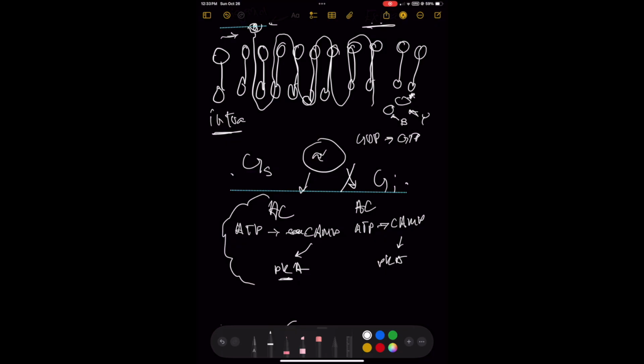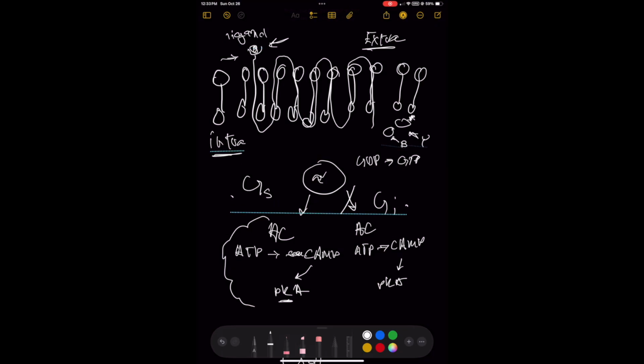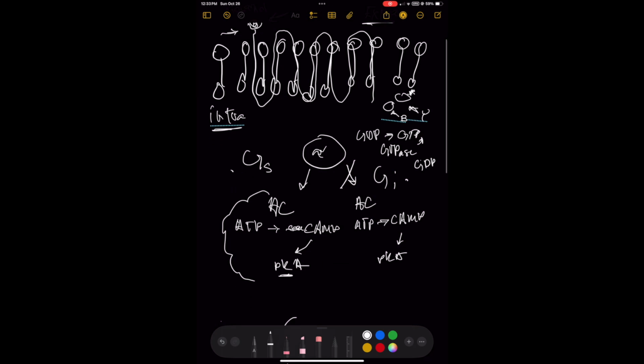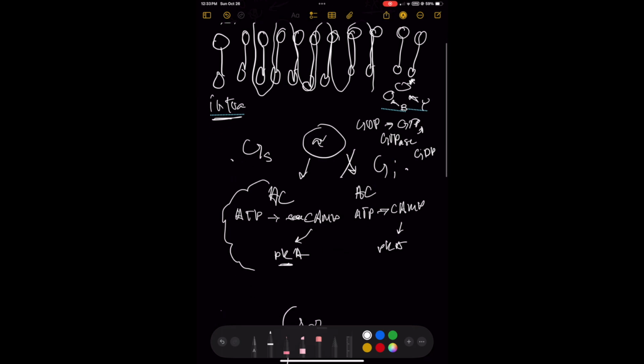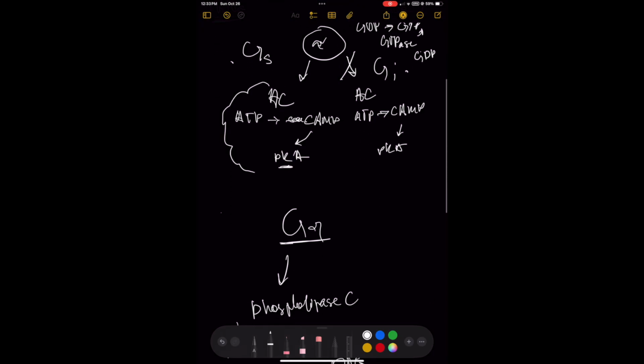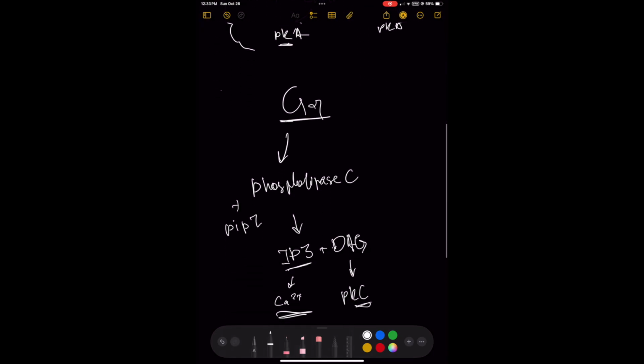That activates this entire pathway. To inactivate it, you have GTPase come behind, remove the phosphate, and turn it back into GDP. This turns it back into the inactive state where they're all together, and it halts the pathway. That's the G protein pathway specifically.